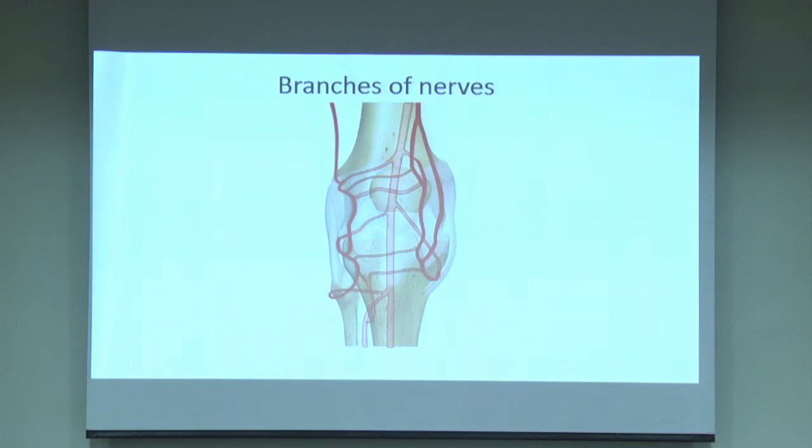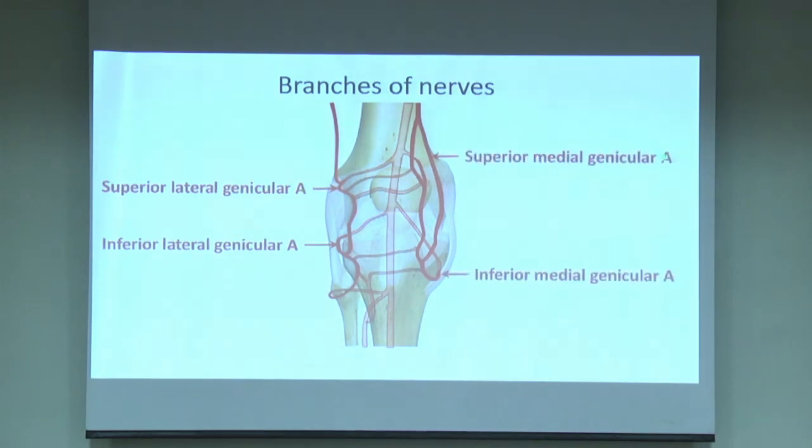All we need to know is to look at the arterial supply of the knee joint. The arterial supply of the knee joint is almost complementary to the nerve supply. You have the superior lateral genicular artery, inferolateral genicular artery, superomedial genicular artery, and inferomedial genicular artery. And all the nerves run side by side with this arterial supply.